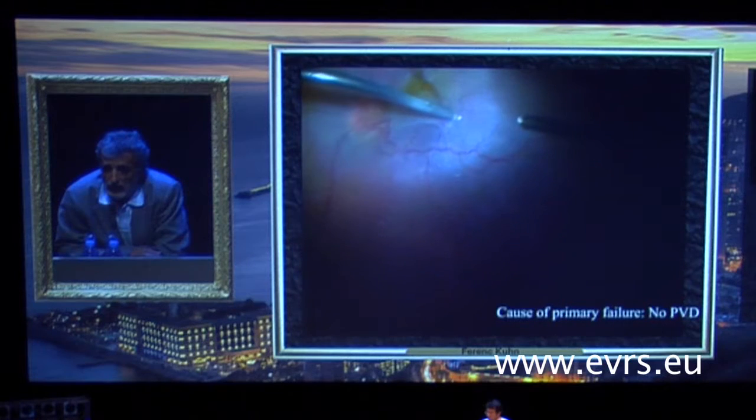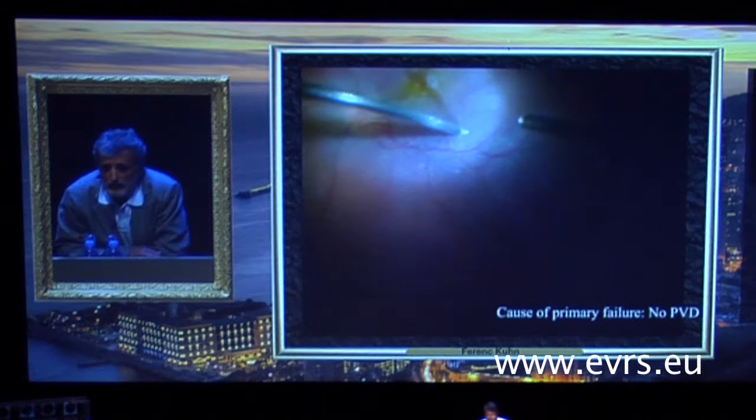So this is just one case where the reason for the redetachment was that the original surgery addressed the vitreous in most areas of the vitreous cavity, but not the vitreous that is still on the posterior retina. So the reason for the redetachment and the reason for doing a second operation is to address the residual traction that is exerted by a vitreous that is still on the posterior retina.